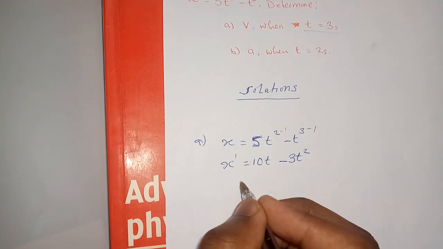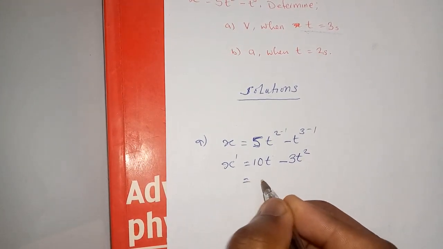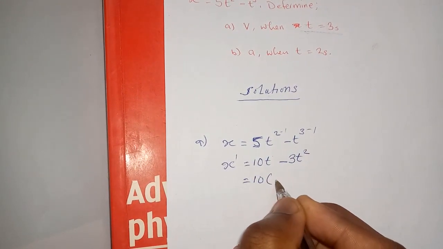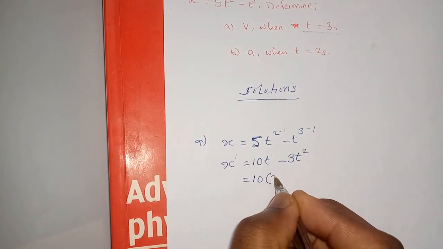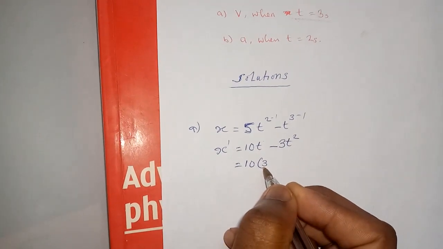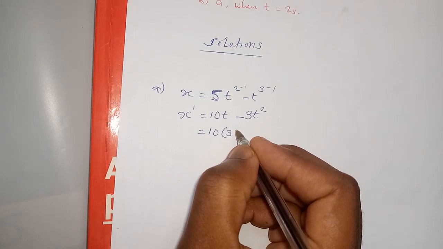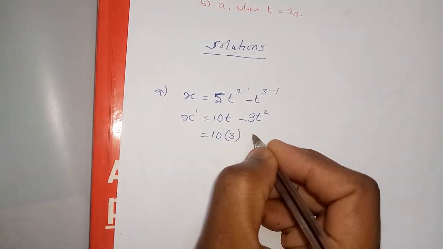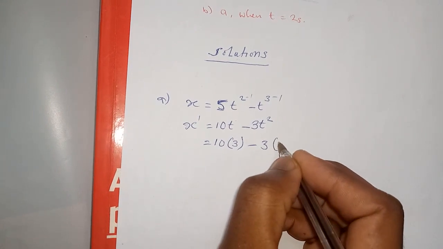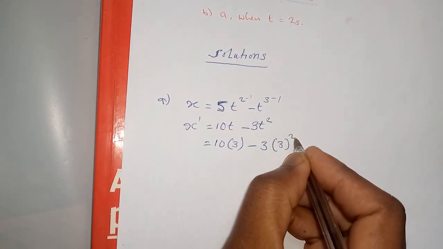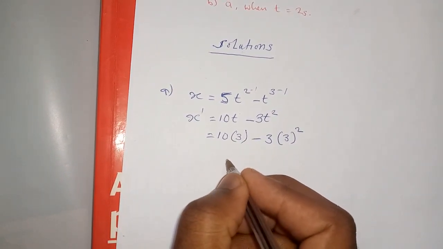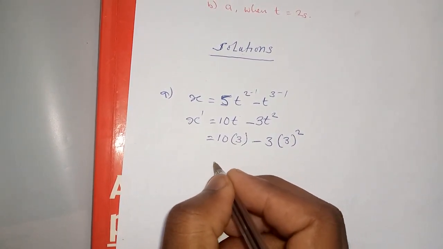So we are going to say our v, which is our x prime, is going to be 10 times 3 minus 3 times 3 squared. Then we are going to have 3 squared, so 3 times 3. 3 times 10 is going to give us 30.